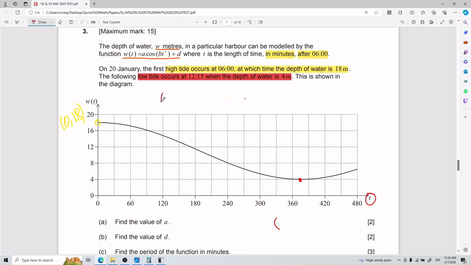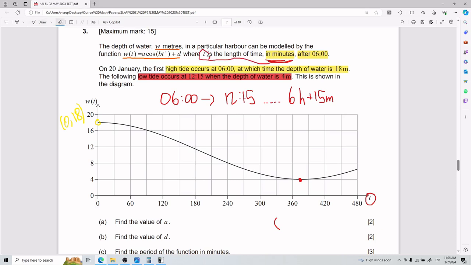Well, from 6 to 12, how much time passes? How many minutes? Well, it's easy to see after you take a moment that it's 6 hours, because there you reach 12 and then you add 15 minutes. But we want it all in minutes because those are the units we're working with for t.